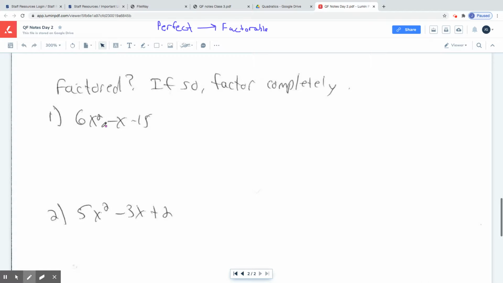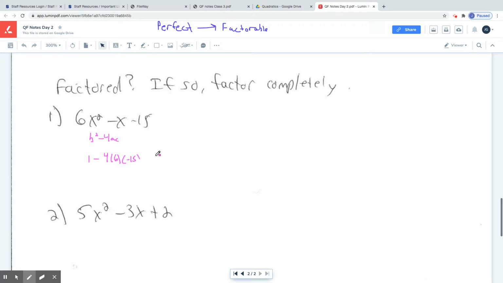All right. So if I find the discriminant, it's b squared minus 4ac. So b is -1, I get 1, square it. Minus 4 times a, which is 6. C is -15. 15 times 6 is 90. 90 times 4 is 360.